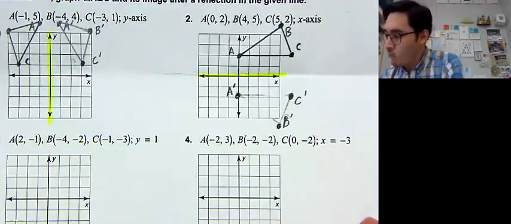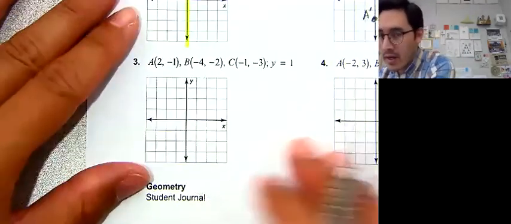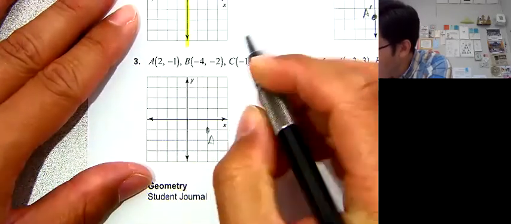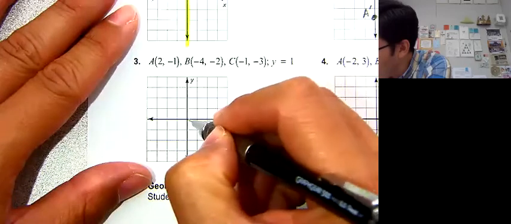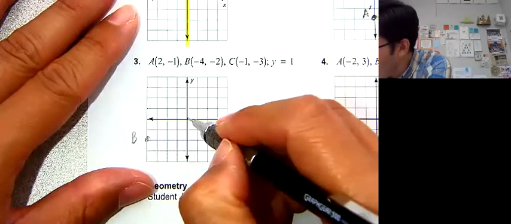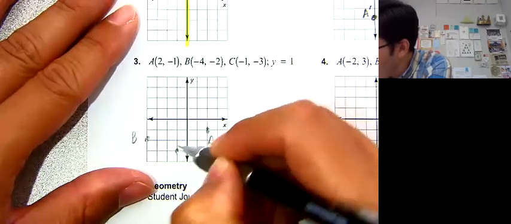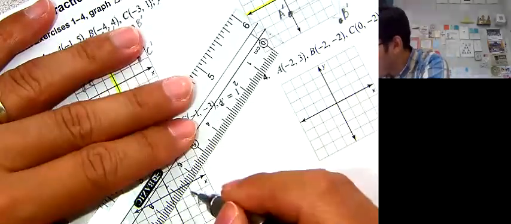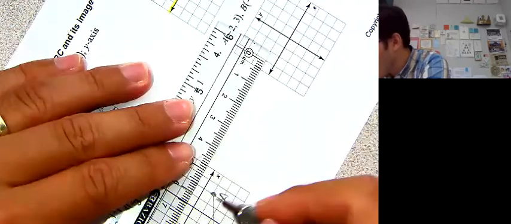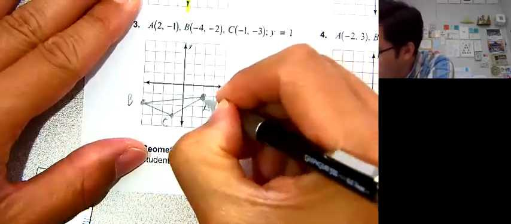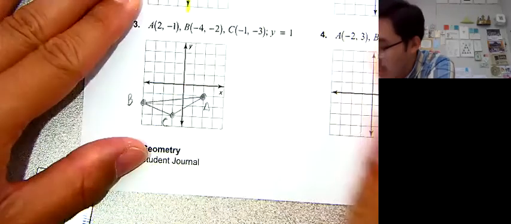Okay. All right, we got a couple more here. Okay. So 2, -1 is A. -4, -2 is B, and -1, -3 is C. All right, so let me just make sure I put enough lead at those points.